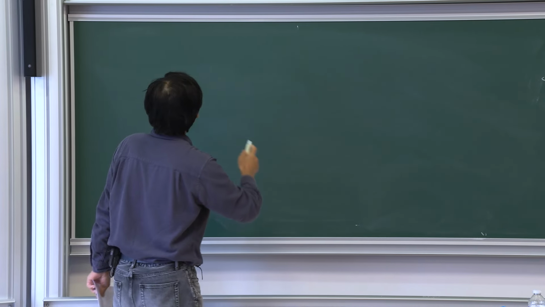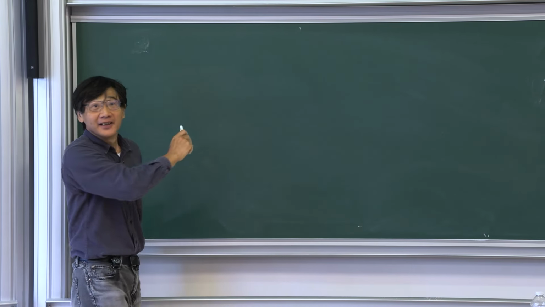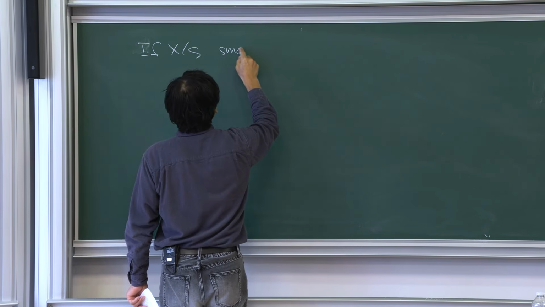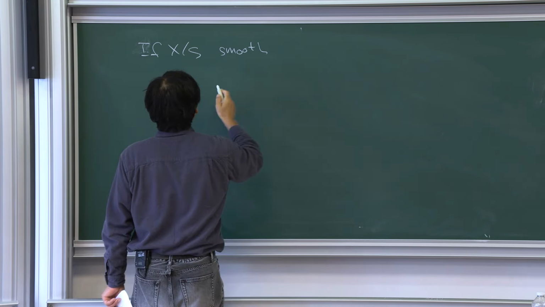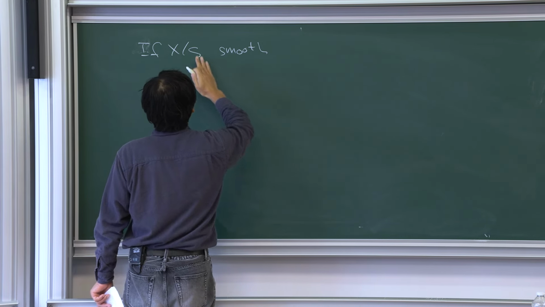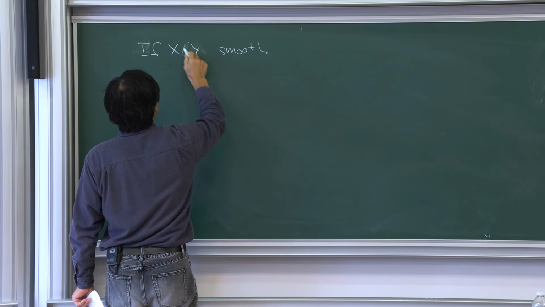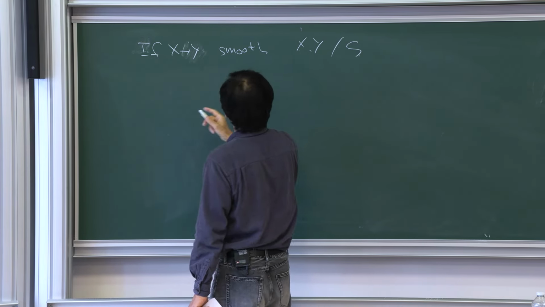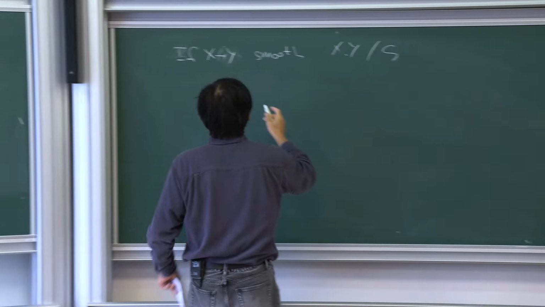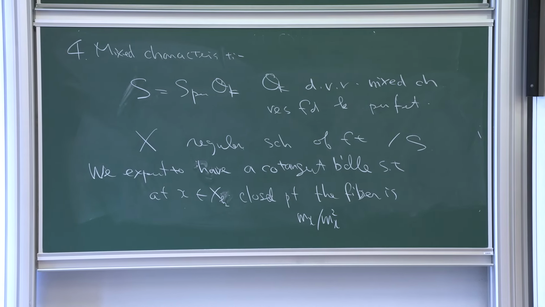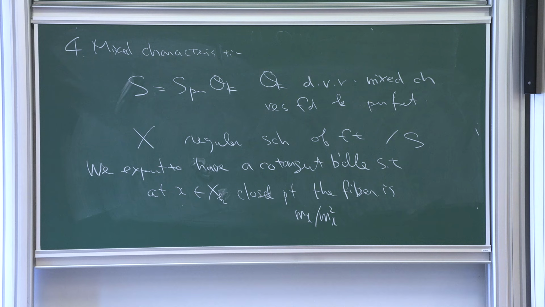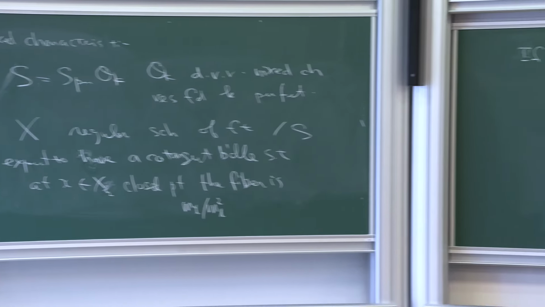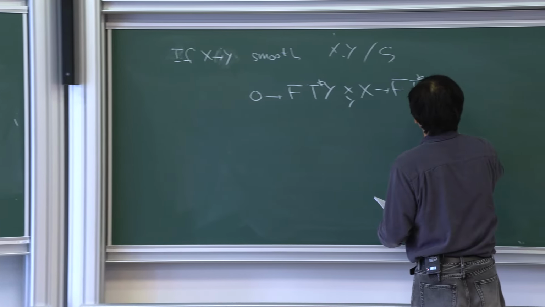Okay, so if X is smooth over S, or more generally, and X to Y like this, then we have f star of the cotangent sheaf of Y mapping to that of X, so they are vector bundles.